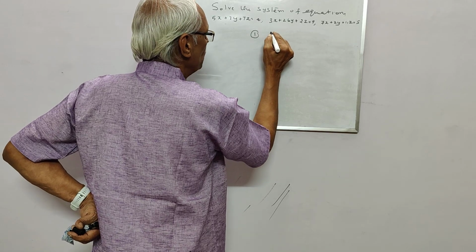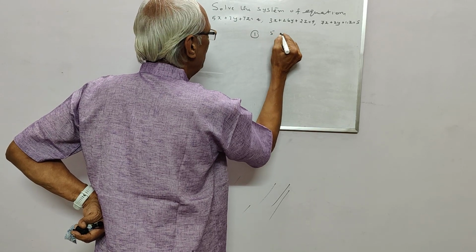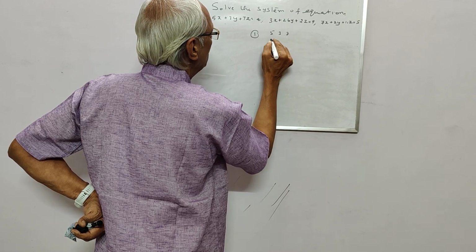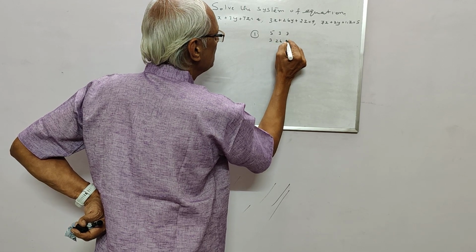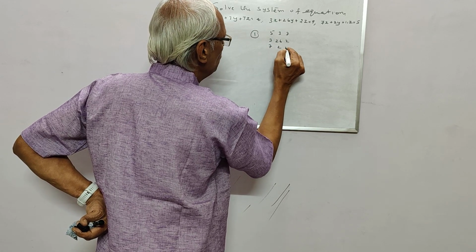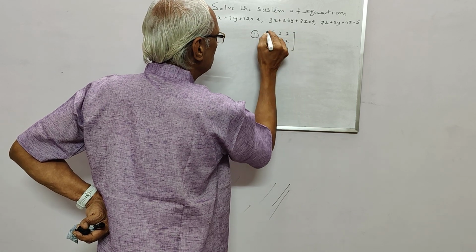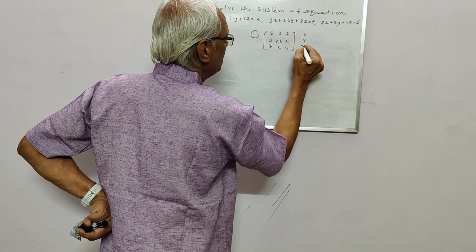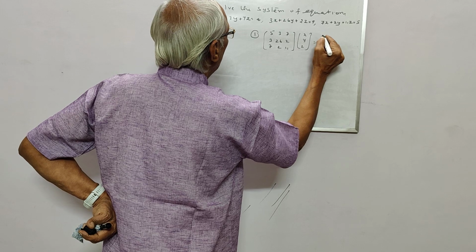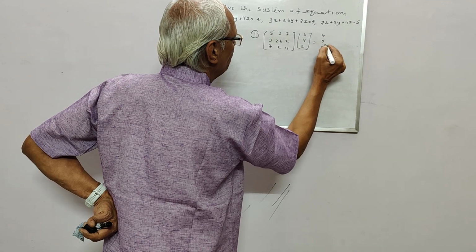First method: you take the matrix 5, 3, 7; 3, 26, 2; 7, 2, 11, multiplied by x, y, z, equal to 4, 9, 5.